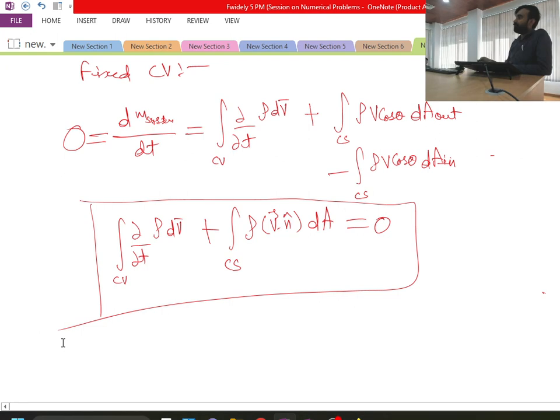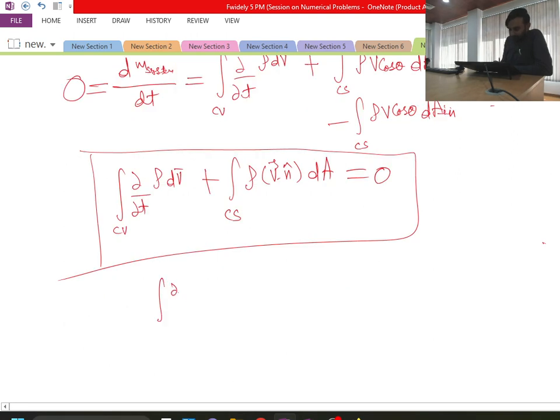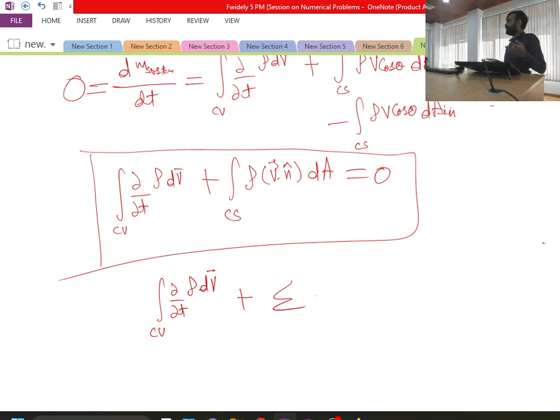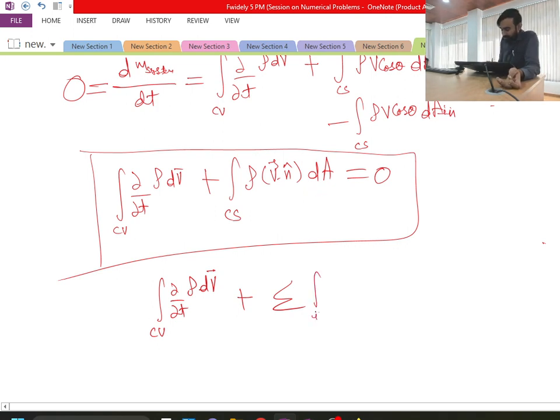Now if I have once again finite inlets and outlets, what will happen? Del by del t of integral rho dV over the control volume, plus I will now have a summation. If I have a finite number of inlets and outlets, then in place of the integral I can take the summation sign. Of course, my velocity at each inlet and outlet is not one dimensional, so I have to use integration, but this integration is only for a fixed inlet and outlet.